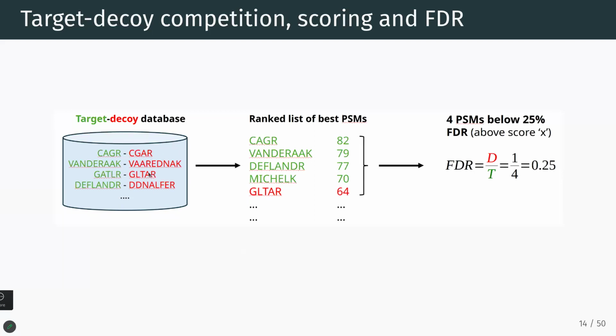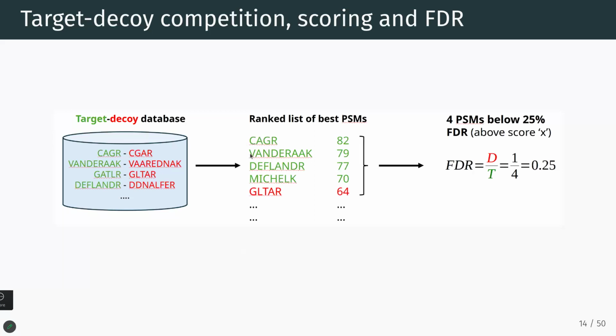So based on the database, you apply your database search using a search engine, and you get for each MS2 spectrum, or at least you hope for most of your MS2 spectra, a best ranking PSM. For instance, this score, 82 for peptide KGR, is attributed to one MS2 spectrum.